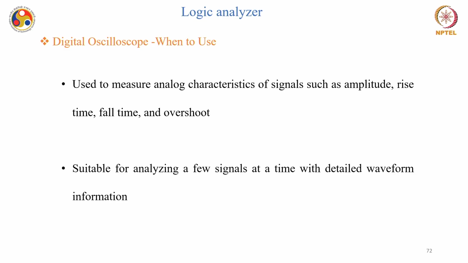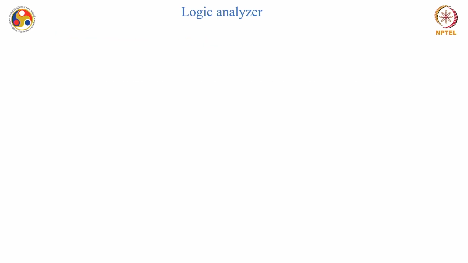Now, there are points where you can use a digital oscilloscope in place of a logic analyzer, but then there are conditions where only logic analyzers can be used. For example, digital oscilloscopes can be used to measure analog characteristics of a signal, for example, amplitude, rise time, fall time and overshoots, and they are suitable for analyzing only a few signals at a time with detailed waveform information.